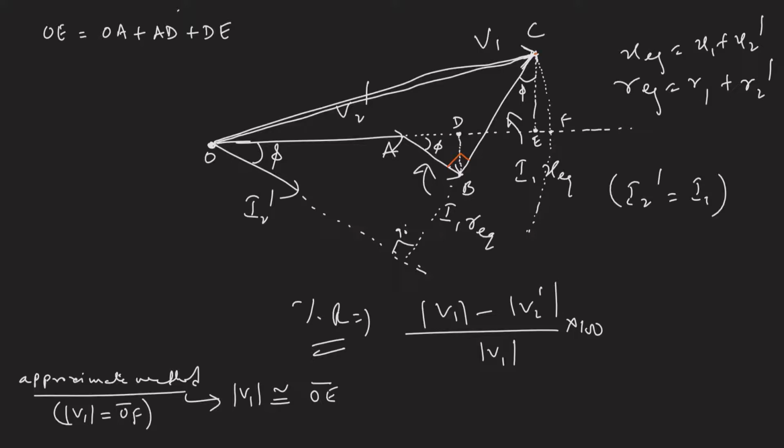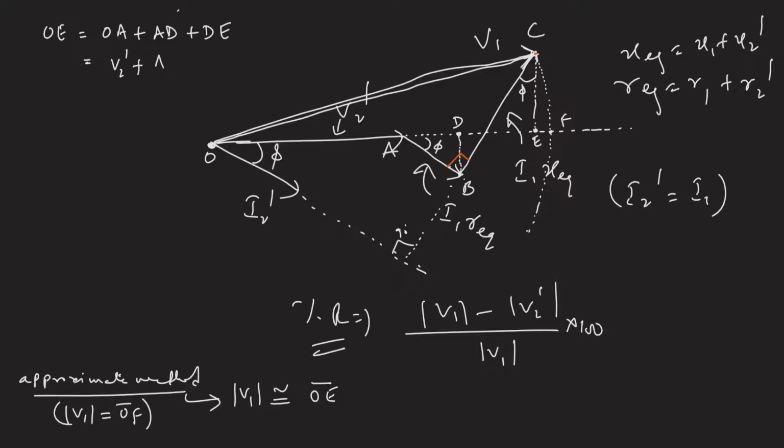Now OA is the phasor V2 prime, and AD is AB cos phi.